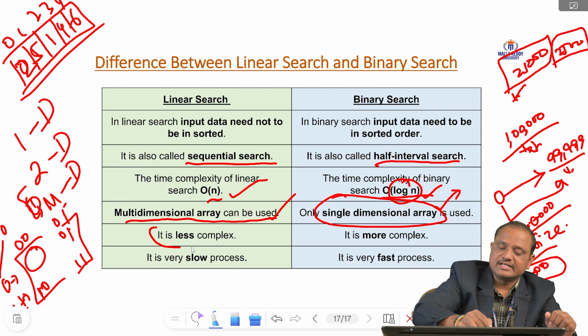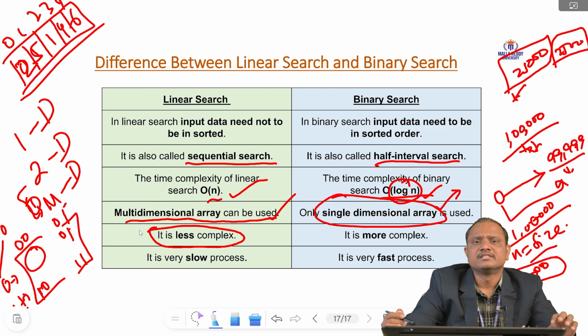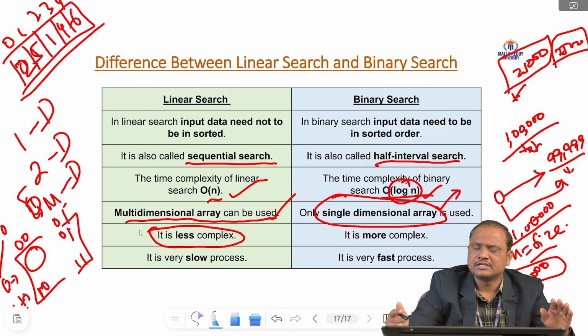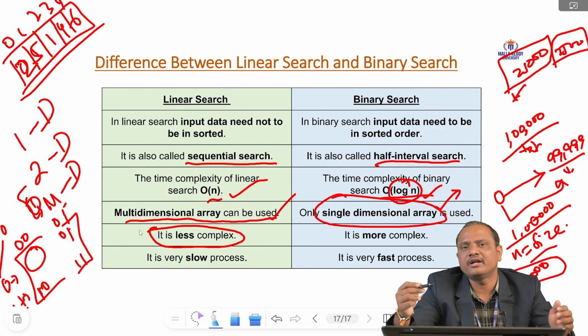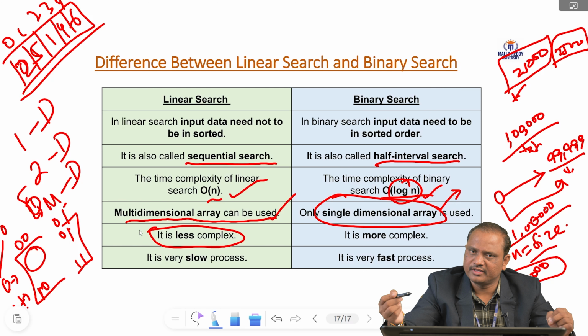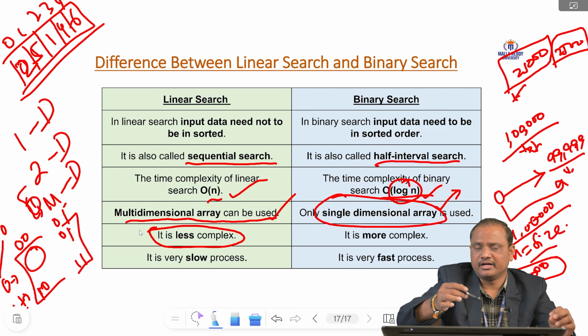Coming to linear search, it is less complex. Obviously, it is a very simple searching technique because there is nothing new here. We simply compare with each and every element in the array. If it is found, we stop the searching and return the value. Otherwise, we continue up to the end of the array. There are no loops or partitions like that.